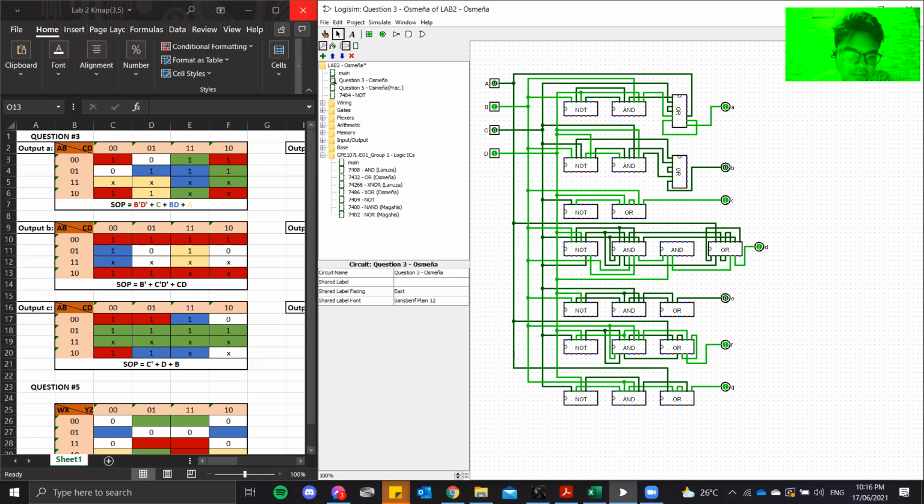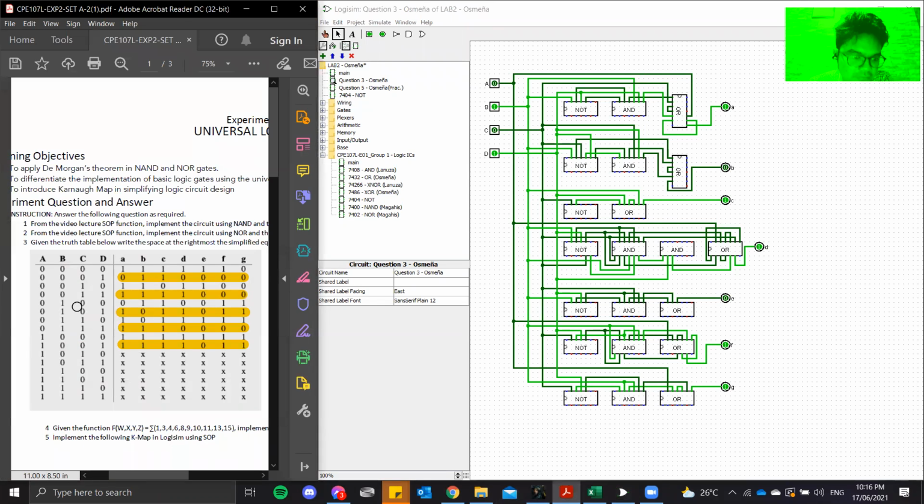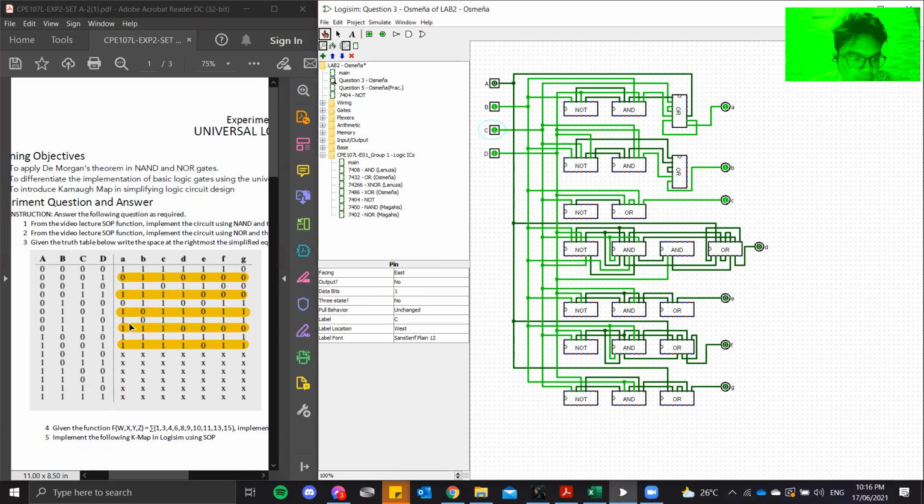So now it's correct. Looking at the truth table again for 0101, it's 1 0 1 1 0 1 1 1. And for 0111, the input is 1 1 1 0 and zeros.